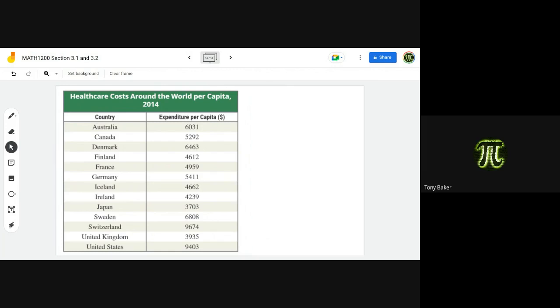Why? Category. Okay. Anybody want to make an argument that this is a frequency distribution?